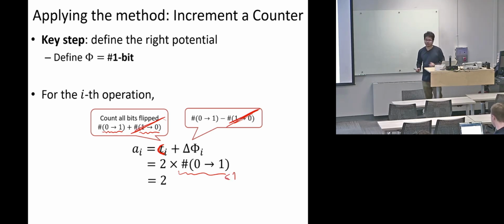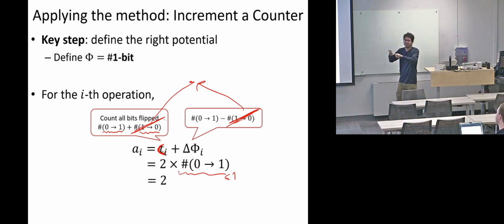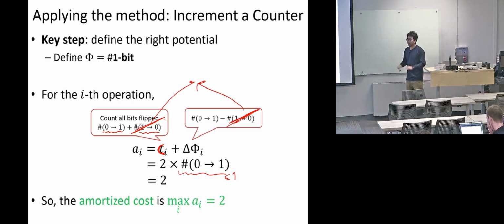So A_i is at most 2. And this cancellation, you see, is the same thing as when, like last time, we used the money on top of the 1 to pay for the cost of flipping. Just the same thing, but presented in a different way. Okay. Any question about this?